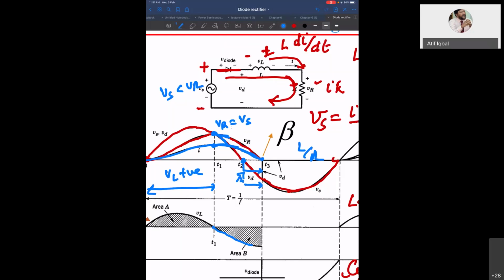And the angle at which the current becomes zero, we call the extinction angle. When the current is extinct, it becomes zero. Extinction angle is given as beta. So the current falls and goes to zero.